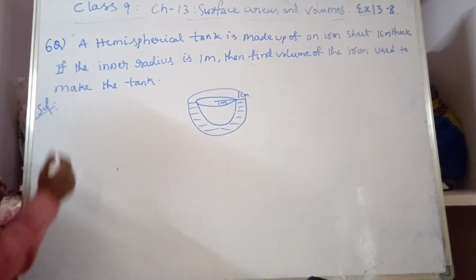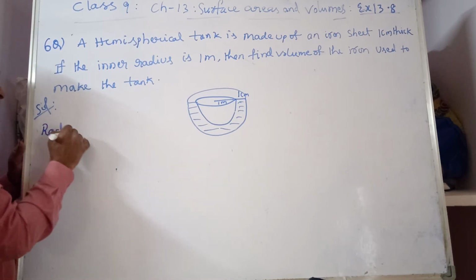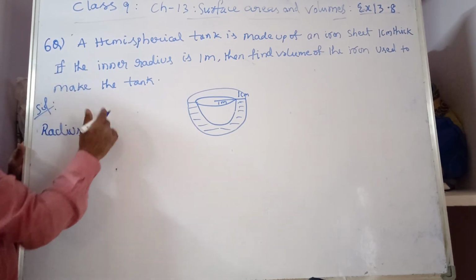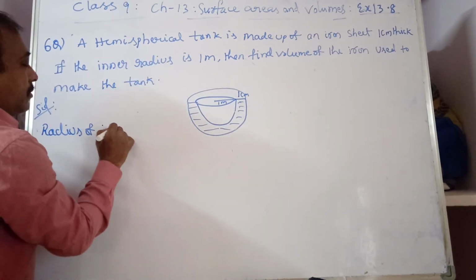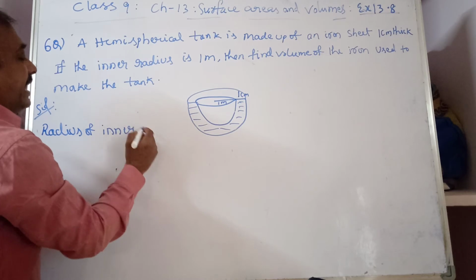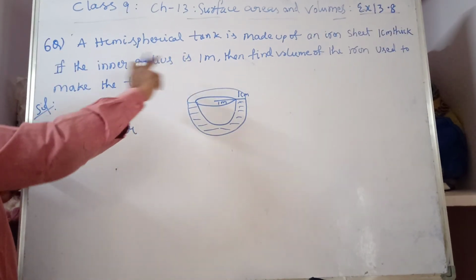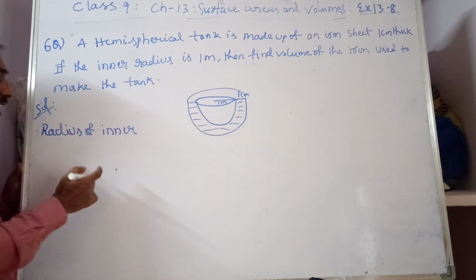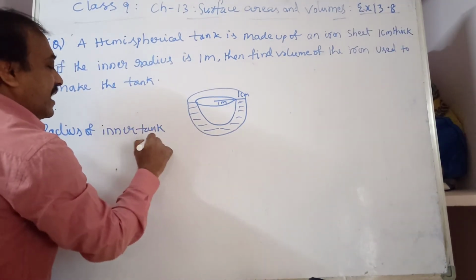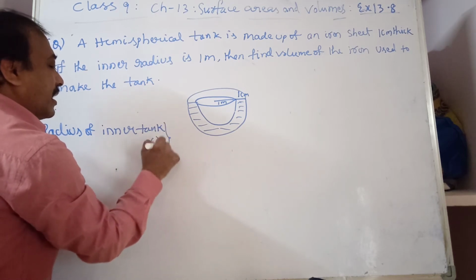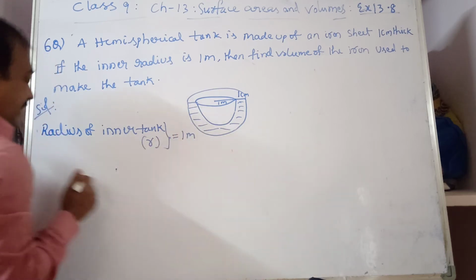Let us take the radius of the inner tank. The hemispherical tank is made up of an iron sheet of thickness. The radius of the inner tank, small r, because it is inner, is equal to 1 meter.